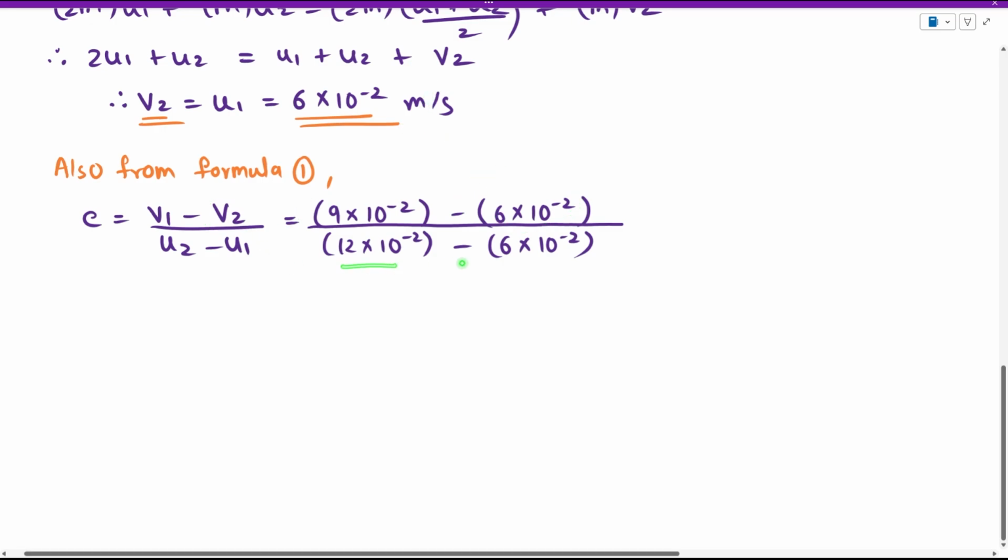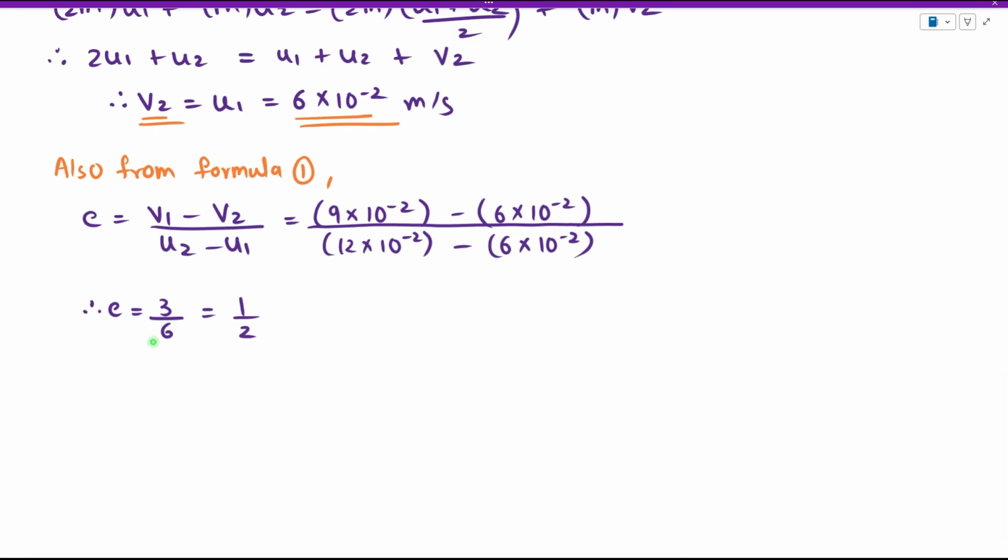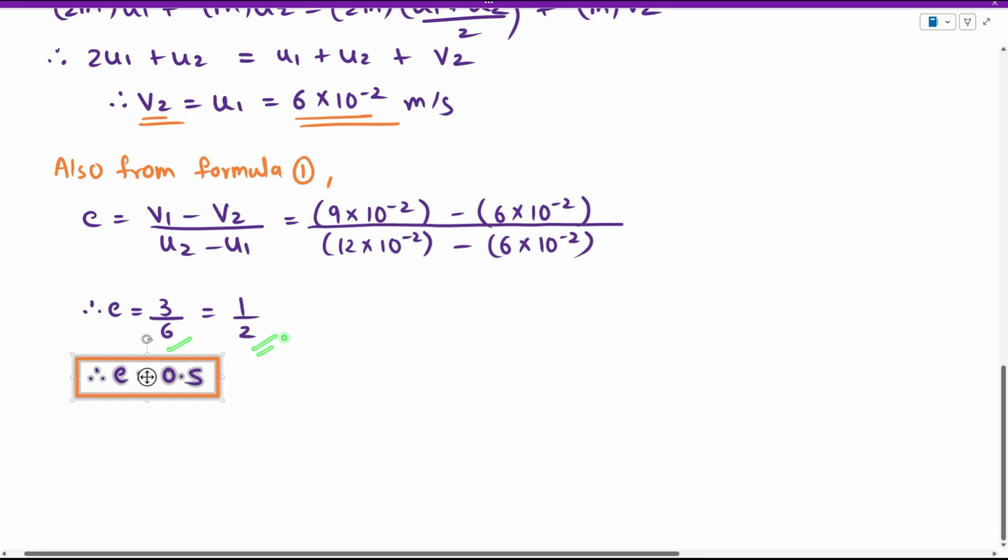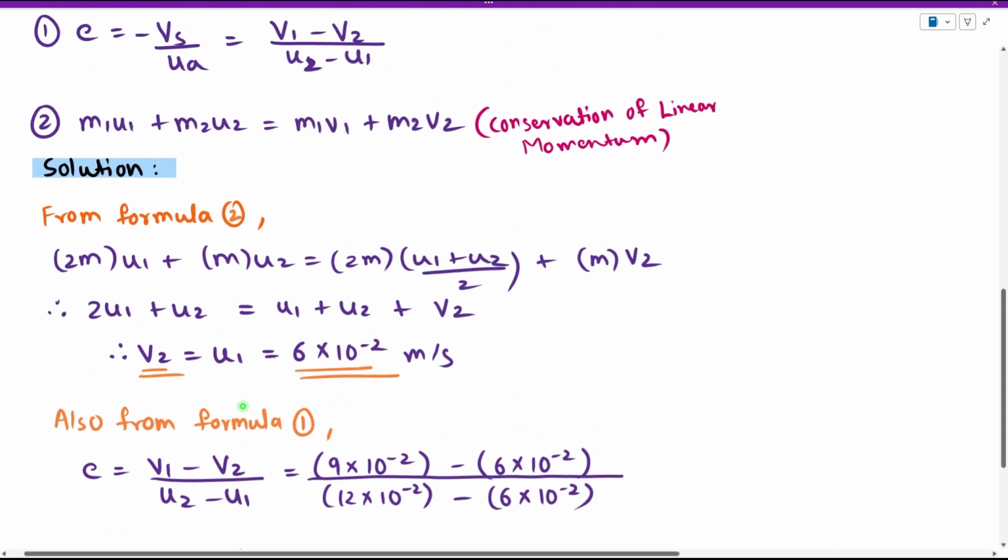And then we substitute the respective initial speeds of the masses as well. If we calculate this further, we get e equal to 3 by 6, which is 1 by 2, which in decimal value is 0.5. And that's it. We have the final answer for our desired question.